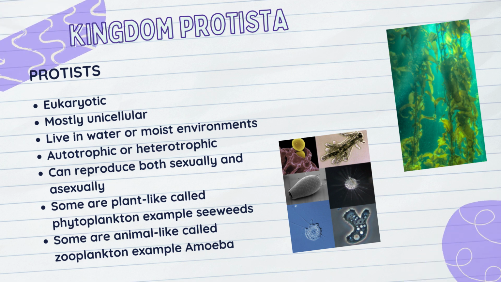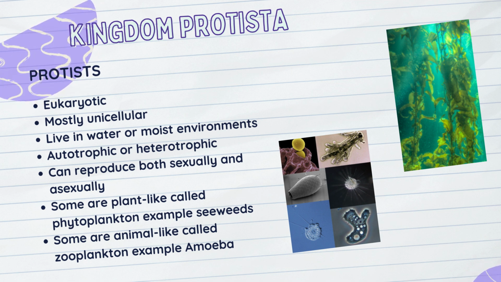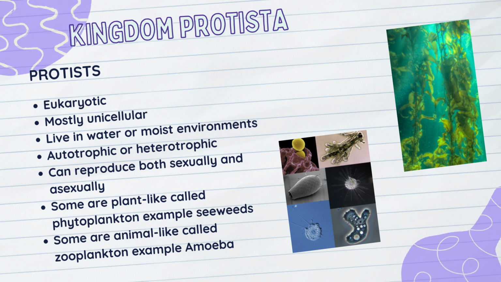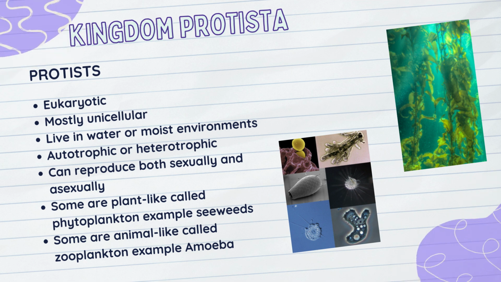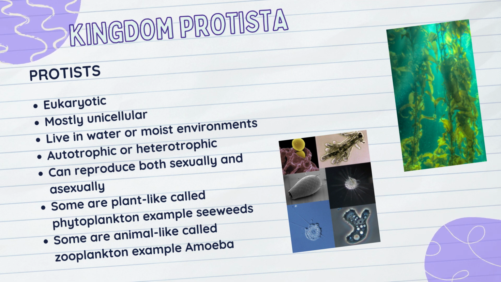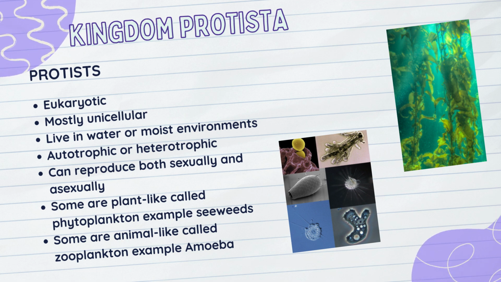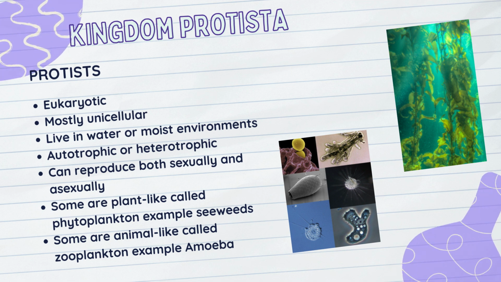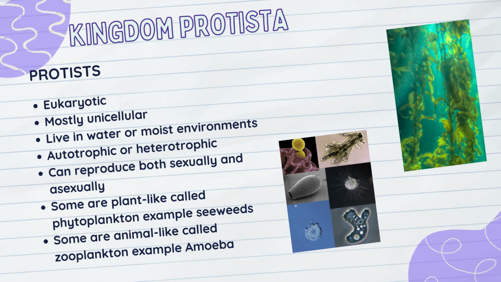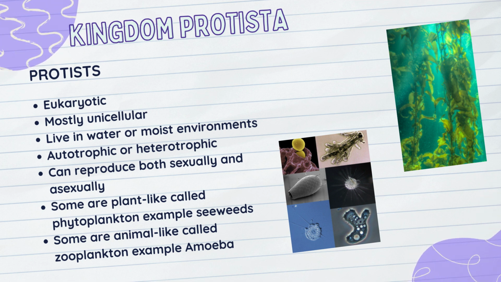animals or fungi. An example of a protist that is plant-like would be algae or seaweeds, and they are called photoplanktons. An example of an animal-like protist would be amoeba, and the animal-like protists are also called zooplanktons.